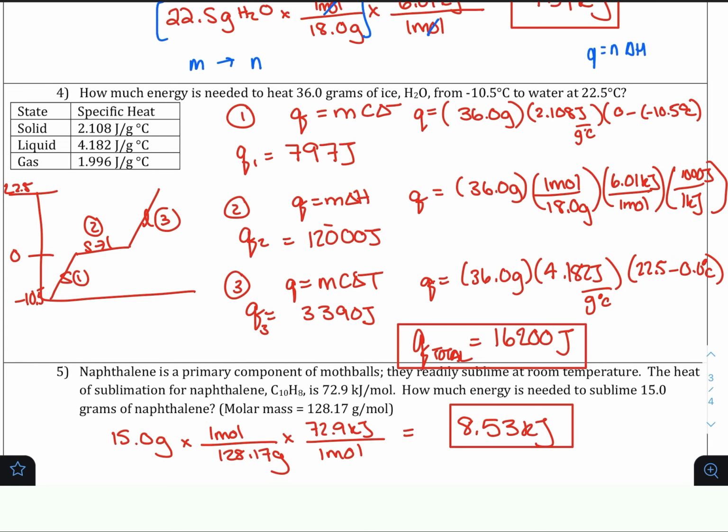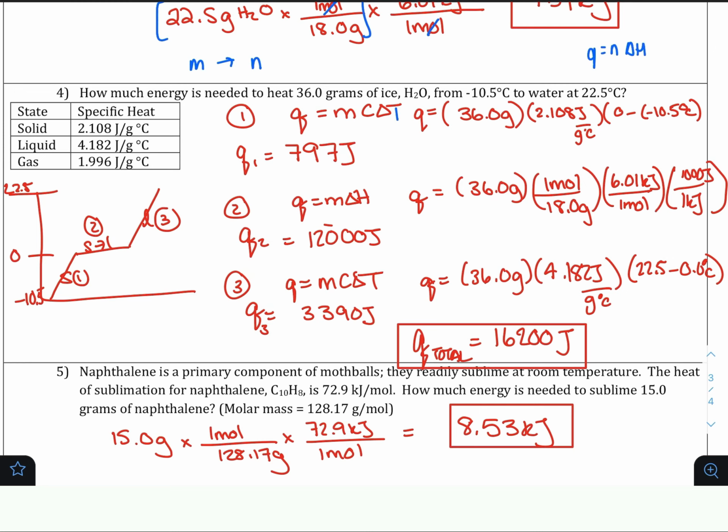There is some basic information that you are expected to know here, that water melts at 0 degrees Celsius and then it boils at 100 degrees Celsius. We're going to use our 2 main equations for this unit. The reason we use one versus the other is when we have a change in temperature.